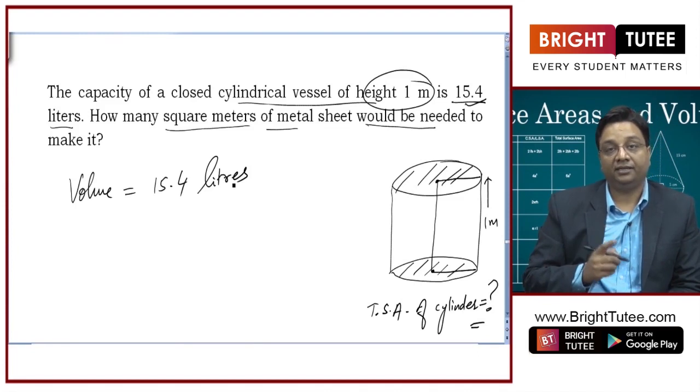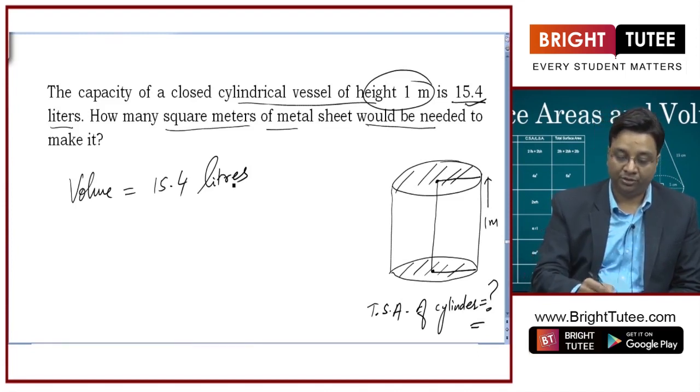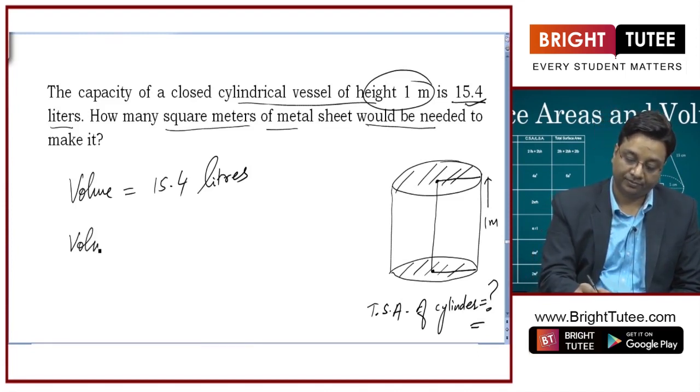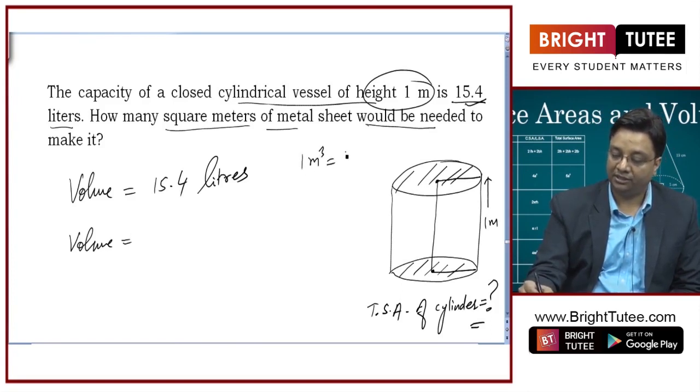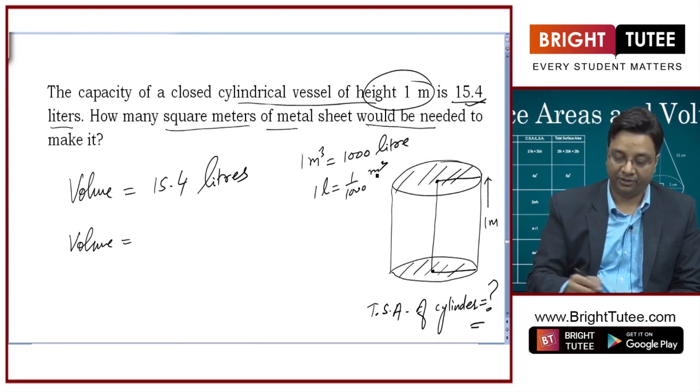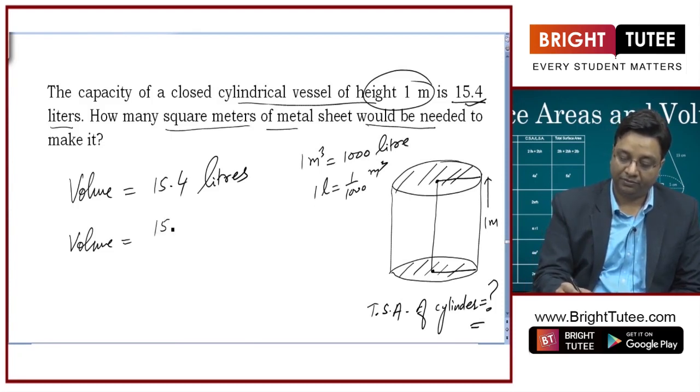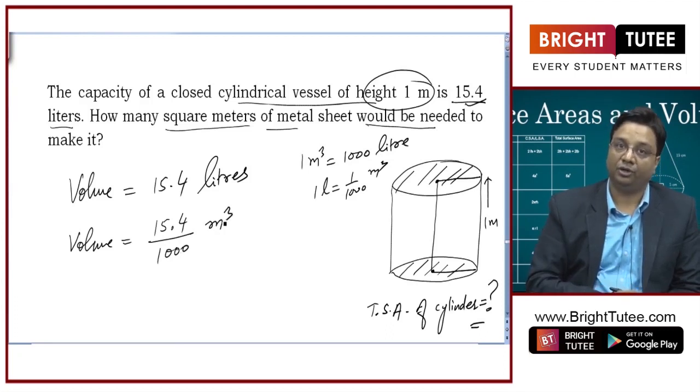Okay, and if you want to calculate it in meter cubes, so volume in meter cubes, you know 1 meter cube is 1000 liters. So 1 liter is equal to 1 by 1000 meter cubes. Okay, so it will be equal to 15.4 divided by 1000 meter cubes of volume. So this is the volume.